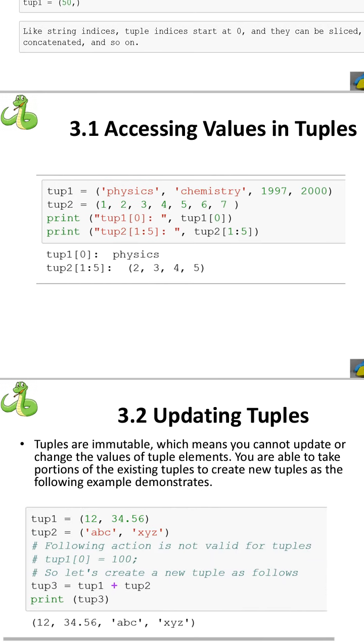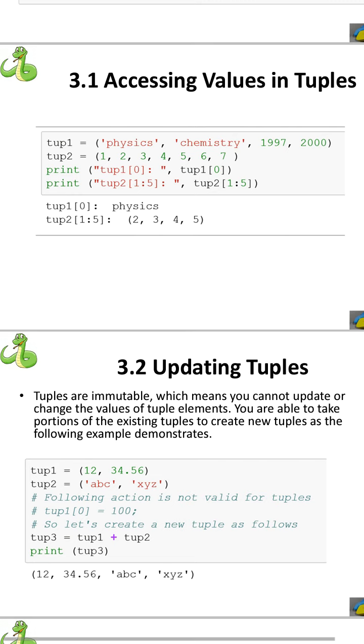Accessing values in tuples: as I have stated, tuple values are accessed using indices. Every value is associated with an index value, and in Python the tuple index starts with 0 and ends with n minus 1 for n elements. For tuple 1 we have 4 elements: physics, chemistry, 1997, 2000.